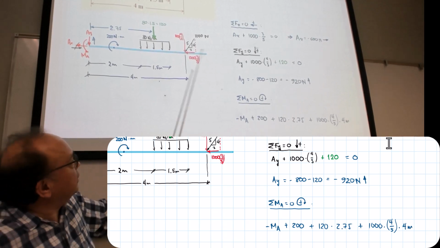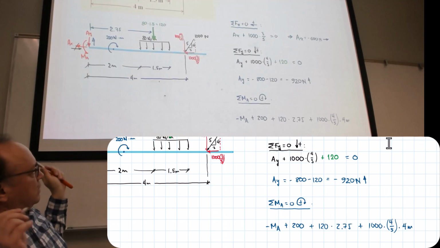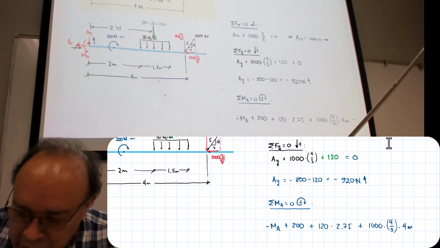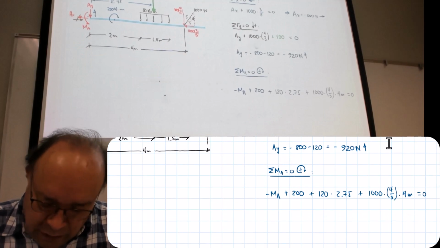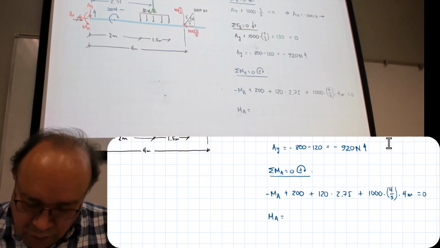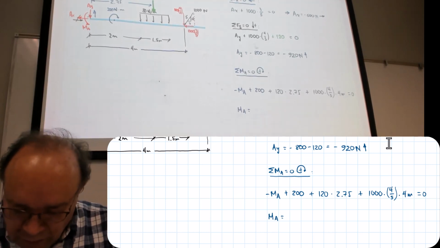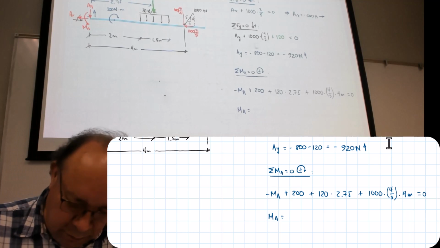And the horizontal component doesn't produce moment with respect to this point. So that's the end, equals to 0. So from here you get MA equals to, all this is positive.